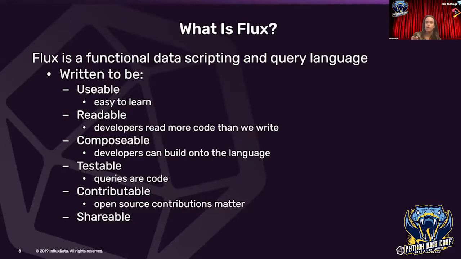What's cool about Flux is that it has a lot of operations that are very similar to pandas data frames. So all of our time series data is translated into tables that we can then manipulate pretty extensively with Flux. It allows you to perform things like joins, do things like math across measurements, apply functions with left joins and inner joins, and even allows you to analyze data and add geospatial components to it.